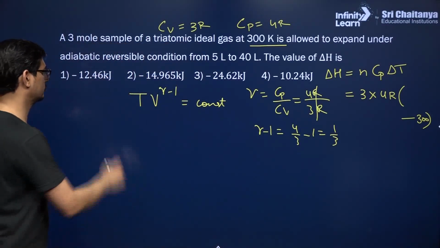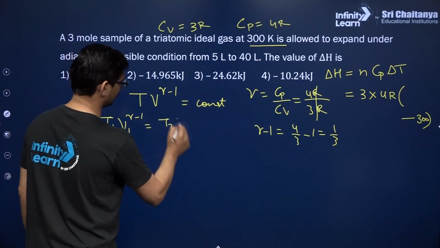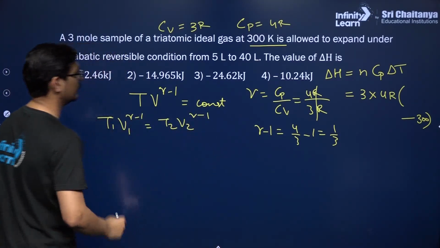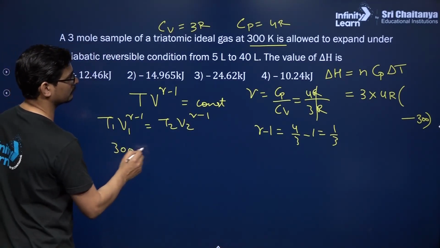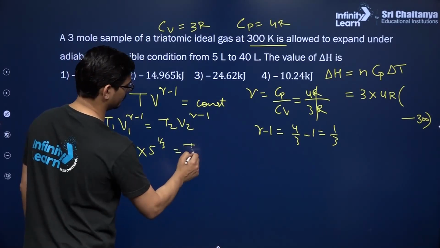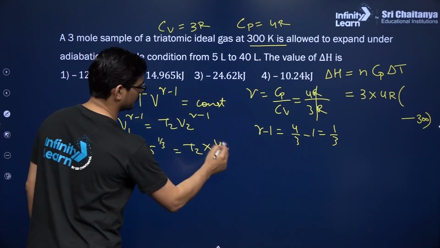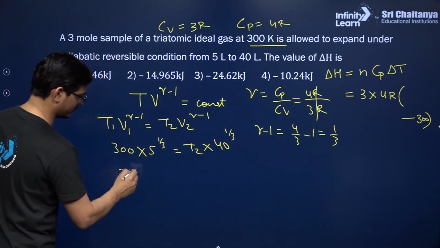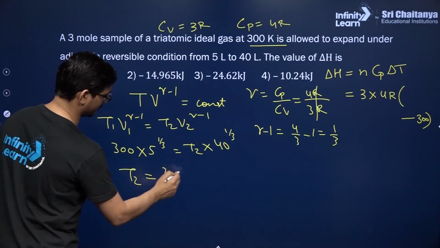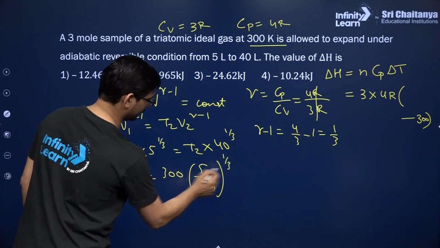Now T1 V1 raised to the power gamma minus 1 is T2 V2 raised to the power gamma minus 1. T1 is 300, volume is 5 liter, 5 raised to the power 1 by 3 is equal to T2, which we have to find out, volume is 40 liter and 1 by 3. So you can see that the final temperature is 300 into 5 by 40 raised to the power 1 by 3.